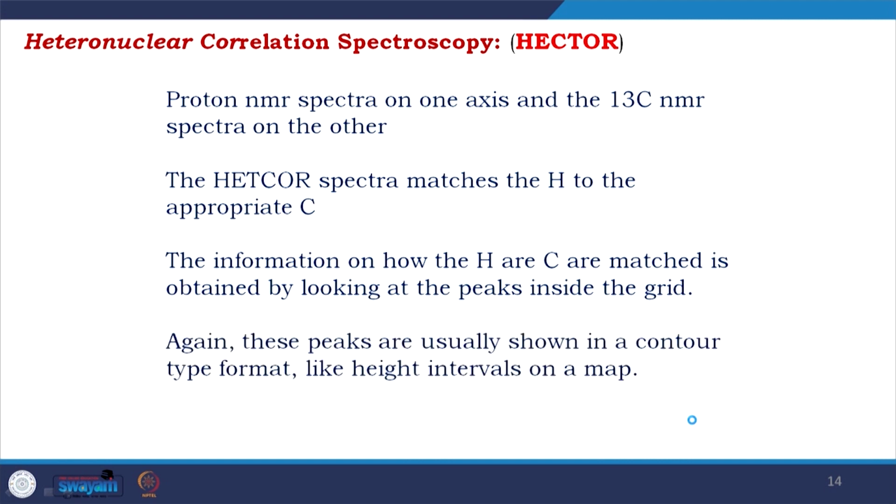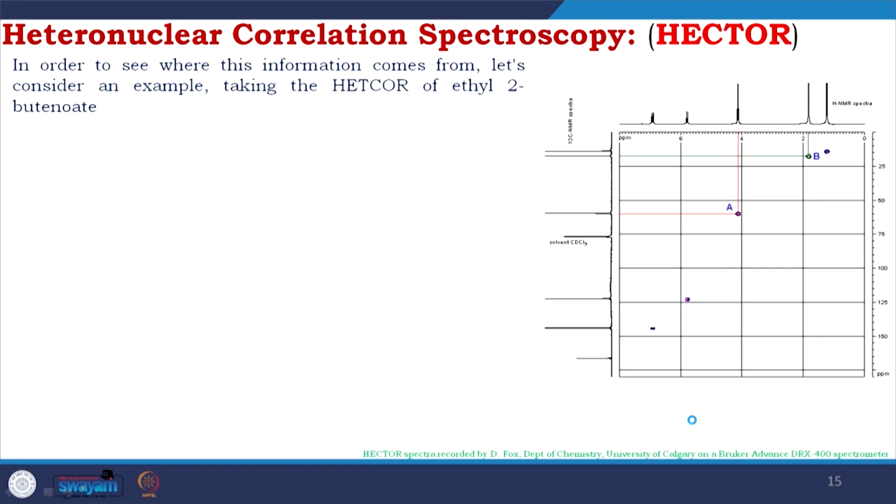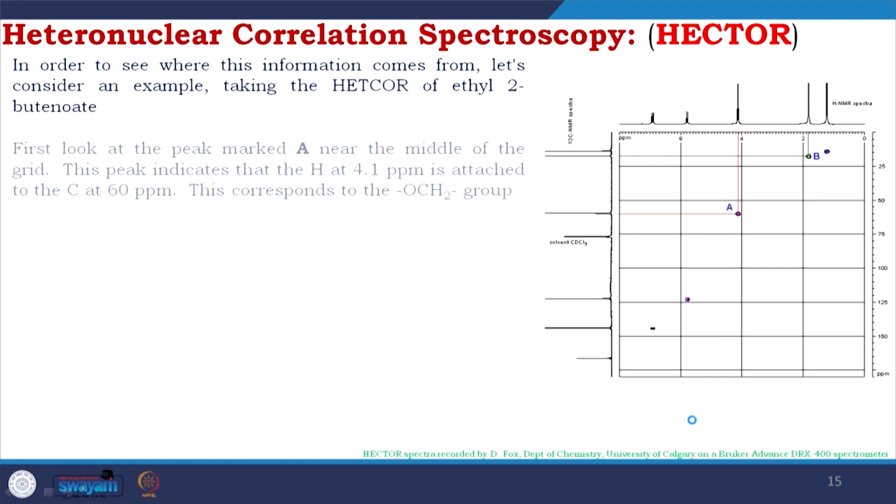Again, these peaks are usually shown in a contour-like format, like height intervals on a map. So, this is a HETCOR representation, and we are again looking at ethyl 2-butanoate. Here we are looking at two peaks, A and B. A is near the middle of the grid.